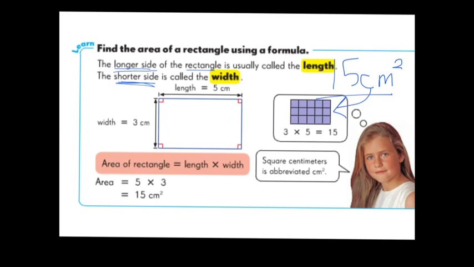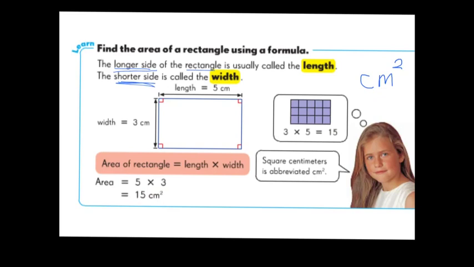Okay. Another way that we can look at this and do it is by multiplication. We can see that an array of 3 by 5 is the same as 5 times 3, which equals 15 centimeters squared.